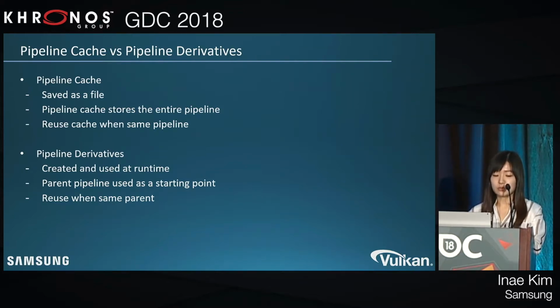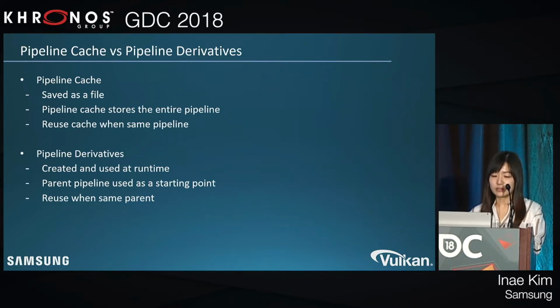When the program uses only one pipeline and reuses it again and again, then pipeline derivative is faster than cache because of the time for reading or writing from the SD card. And the handle for a pipeline derivative is so small and already known, so it doesn't need to search.